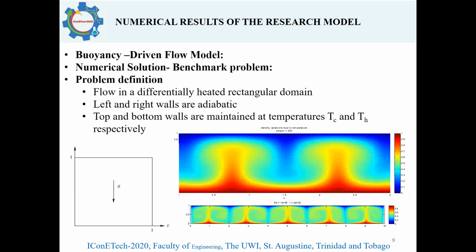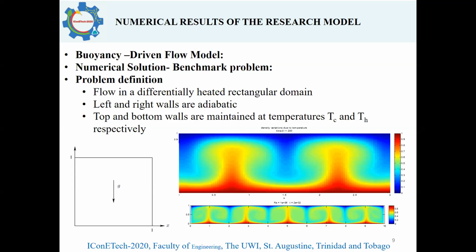To verify my model, I did a benchmark where the flow is differentially heated in a rectangular domain. At the base, I have a high temperature, and at the top, a lower temperature.